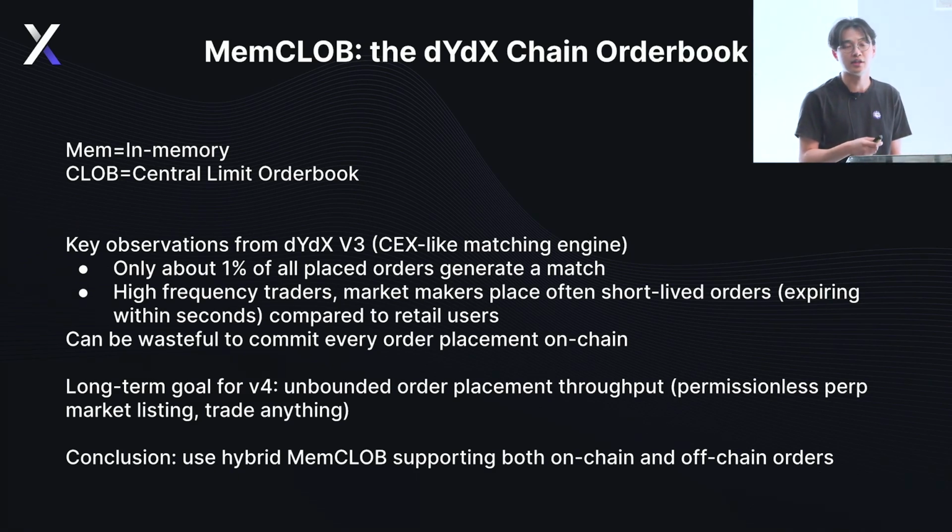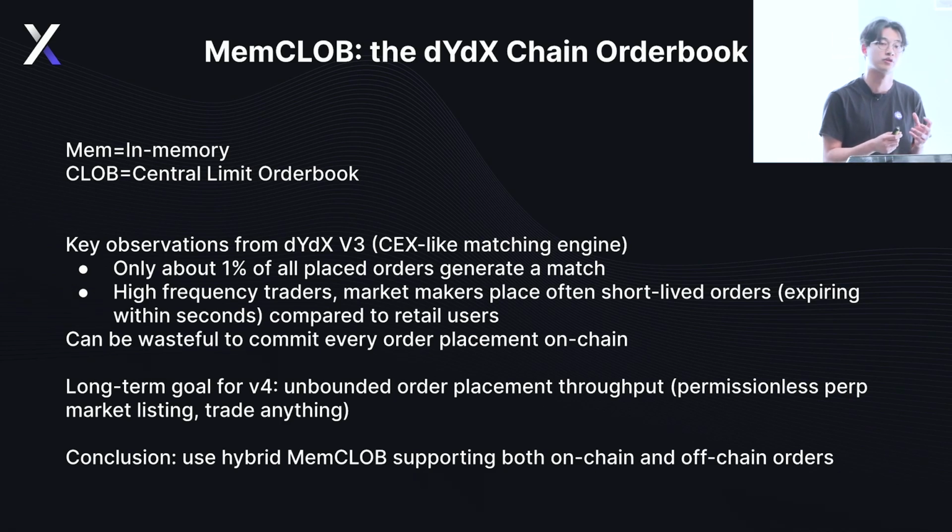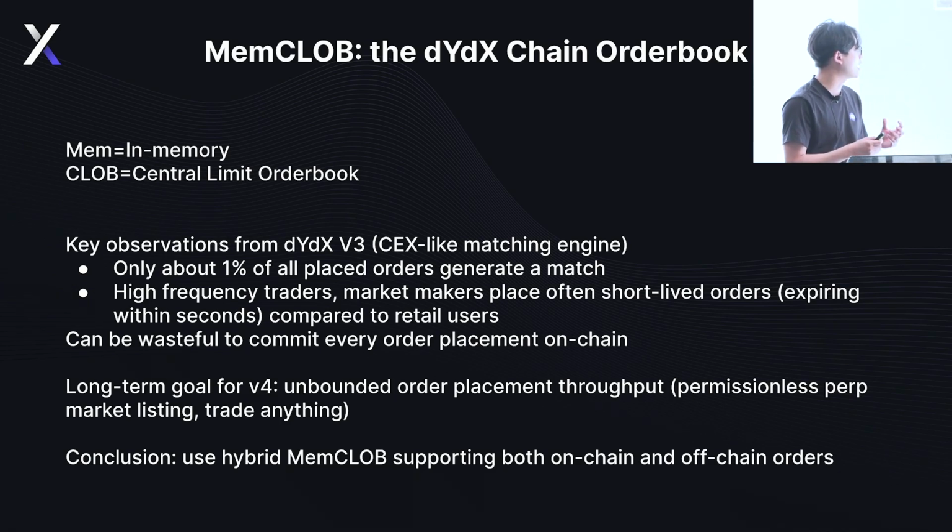This means that the other 99% of the orders just end up sitting on the order book, and oftentimes their entire life cycle is just sitting there, not contributing to any actual state changes, and they often just expire. This brings us to the second observation, which is that high-frequency traders and market makers typically place very short-lived orders on the book. Sometimes these can expire within just a matter of seconds.